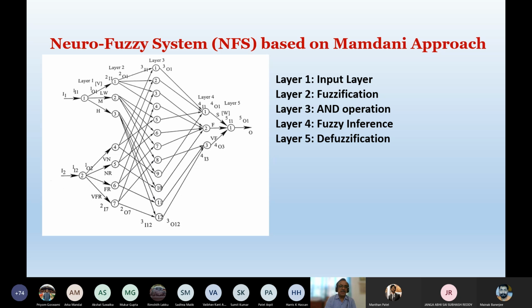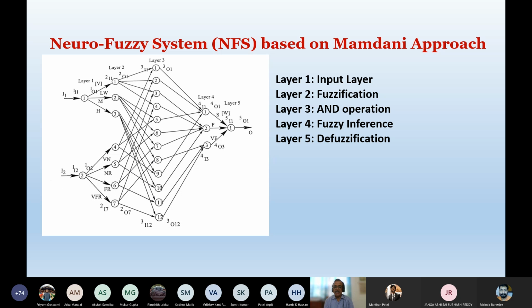Now here you can see I have mentioned low, medium and high, that is L, M and H. These are the linguistic terms used to represent the first input. Similarly, very near, near, far and very far: these four linguistic terms are used to represent the second input.